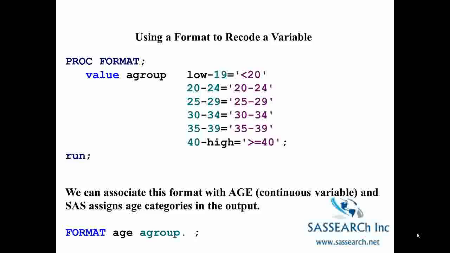And then we can associate this format with age, a continuous variable, and SAS assigns age categories in the output. So it's not actually changing or regrouping age as an actual variable, but in the output it is assigning age categories to it. And you'll see an example of this in the SAS demonstration video that will make this clearer.